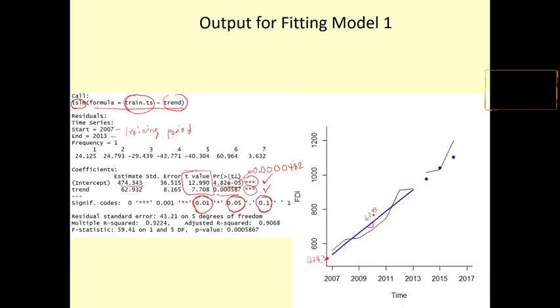We have here the residual standard error, and especially important here is this R squared. Remember that I said that this multiple R squared measures how well our regression fits the variability in the data.